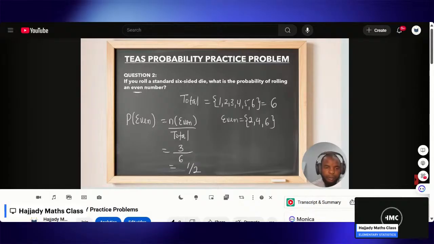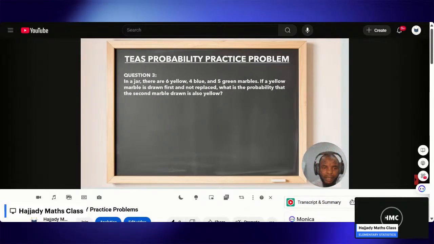Question number 3. It says, in a jar, there are 6 yellow, 4 blue, and 5 green marbles. If a yellow marble is drawn first and not replaced, look at this, it's very important. This is without replacement. What is the probability that the second marble drawn is yellow?